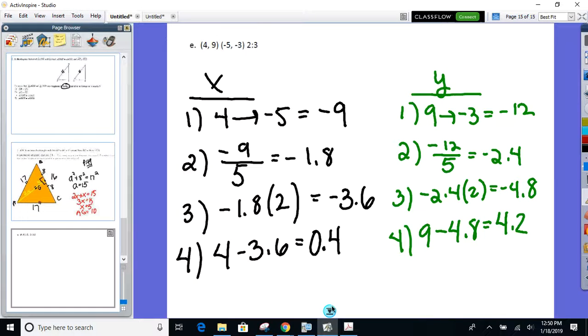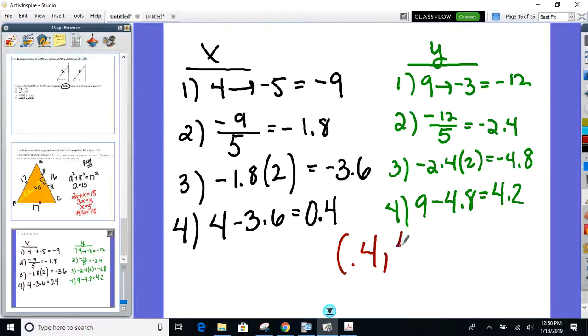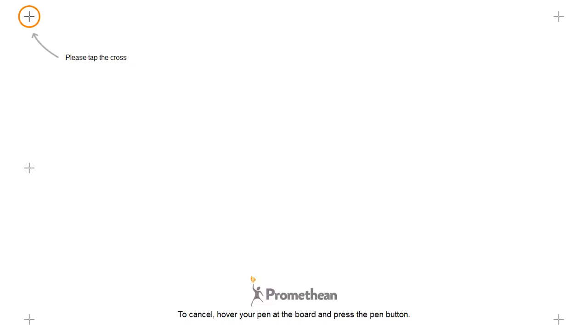So my partition point is 0.4, 4.2. I could probably guarantee a partition question on the midterm.